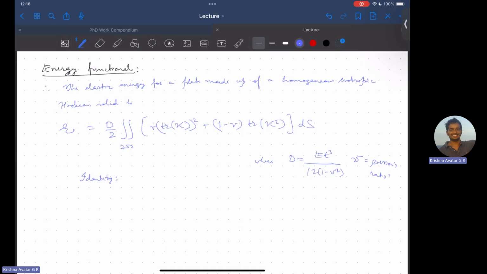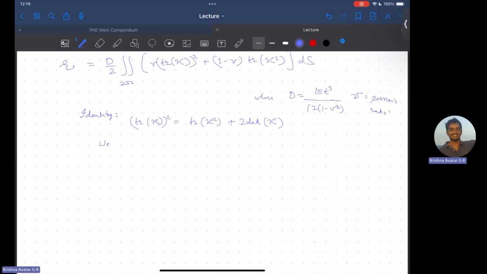which can be easily shown, that trace of kappa whole squared is equal to trace of kappa squared plus 2 determinant of kappa. And we know that the Gaussian curvature K is equal to determinant of kappa, which is 0 here.